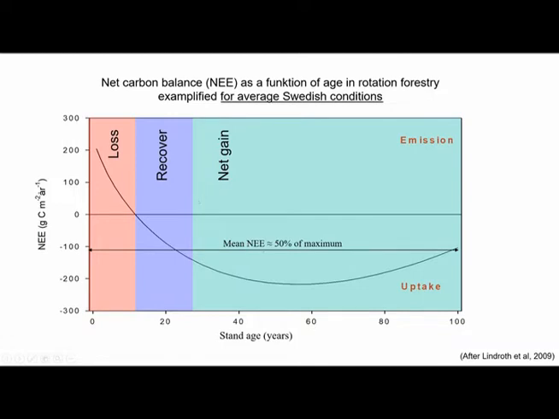It turned out that the mean net ecosystem exchange was about 50% of the maximum, which is here. So this is a very general picture of how the system works. But we noticed that we have a big loss in the beginning, and one can ask the question, can we avoid these losses of carbon in the beginning?